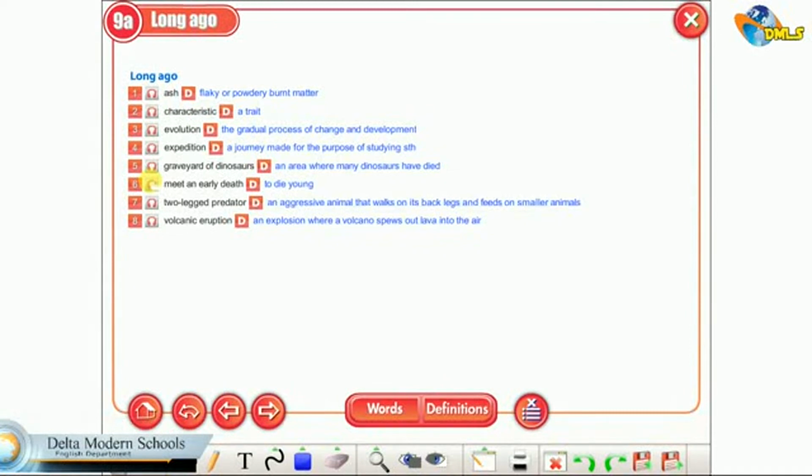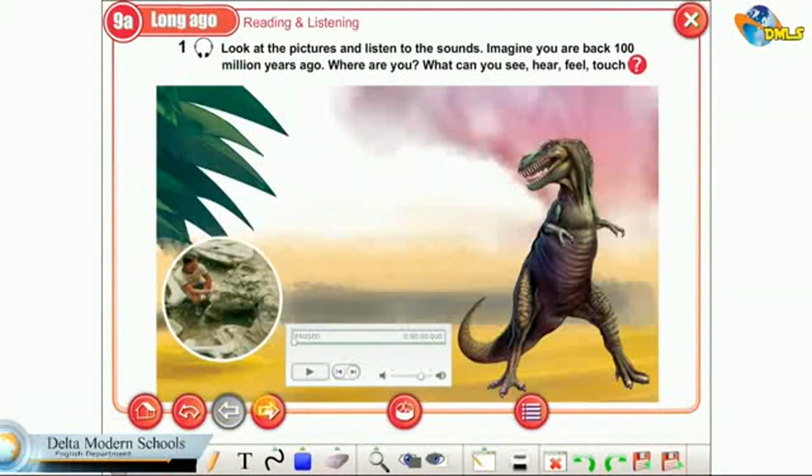Meet an early death. Two-legged predator. Volcanic eruption. Okay, again, you can find the definition at the end of your student book in the word list, and you'll find each one of these words and examples in your sheet. Okay.